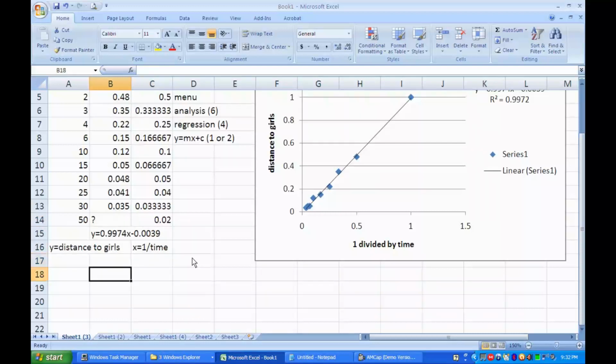So then you'd write into your calculator 0.9974 times, and your x value here, remember it's 1 over time, so that's 0.02, minus 0.0039. Okay, and there's your value.